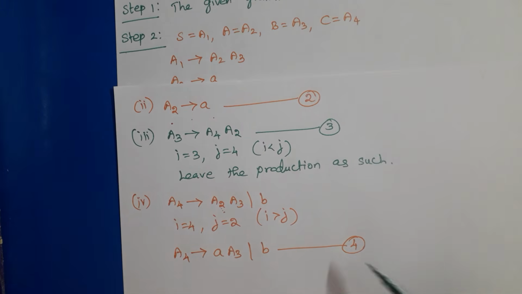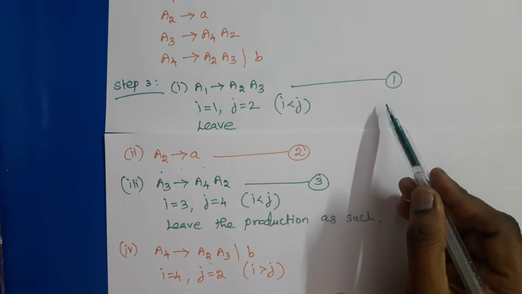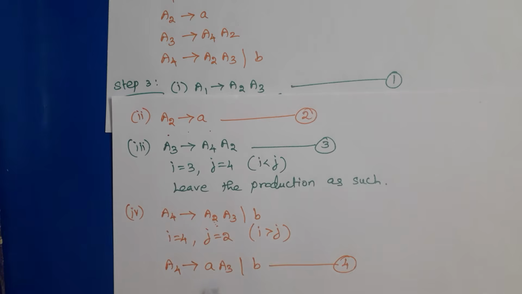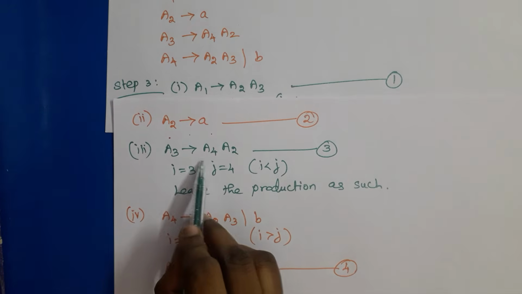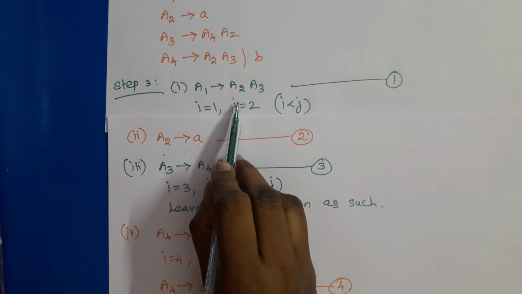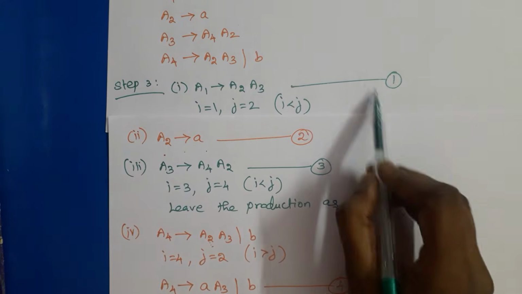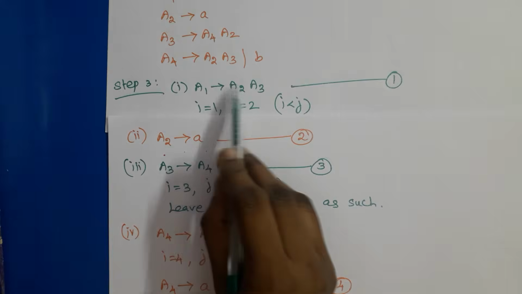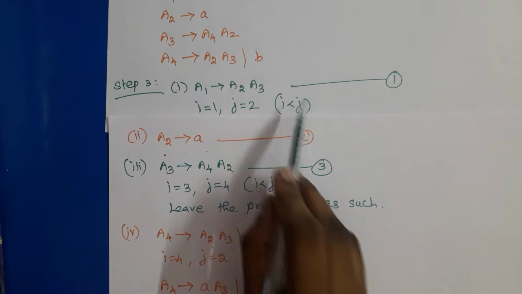So now if we see all the 4 productions, production number 2 and 4 are already in the GNF format, right? But 3 and 1 should be converted into GNF format. To convert equation number 1 into GNF, we need A2. So we have to substitute equation number 2 into 1.